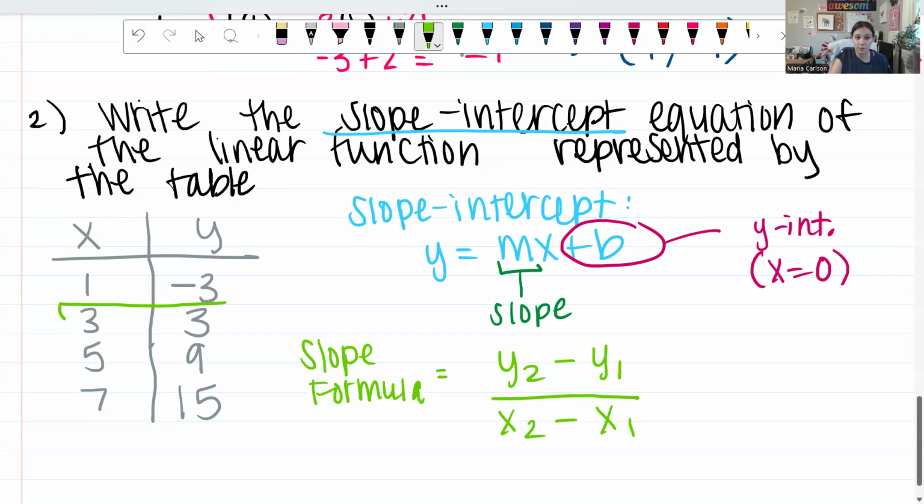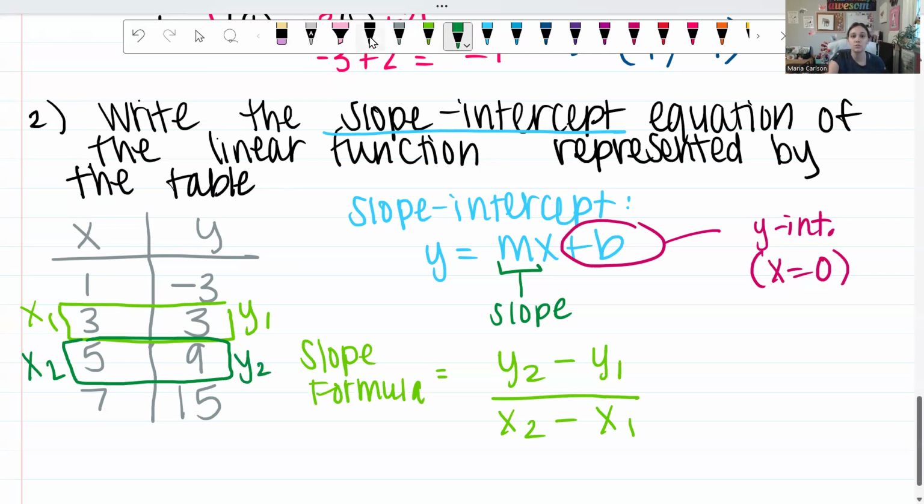I only want positives; you can choose negatives if you want. I don't want to. So my x1 is 3, my y1 is also 3. Coincidentally, my x2 is 5, and my y2 is 9.